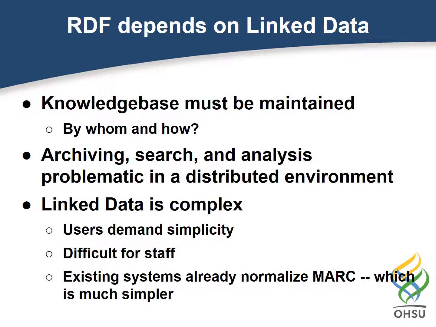Many functions that libraries highly value become very problematic in an RDF or linked data environment, because if you're pointing at identifiers, you're no longer pointing at what they are. For example, if you save all your records, you've just saved all your identifiers.